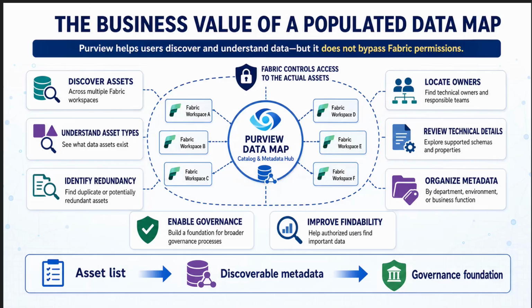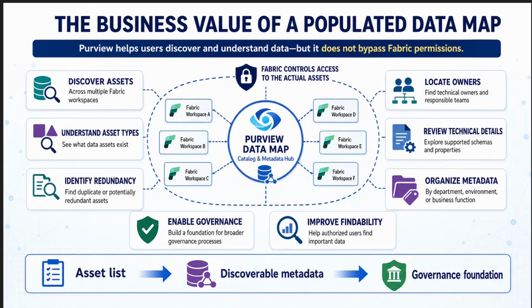Fabric remains a platform where the data is stored, transformed, analyzed, and preserved. Purview supplies the broader metadata management and governance layer that helps the organization understand its Fabric estate alongside other supported data platforms, if importing or ingesting other structured data sources.